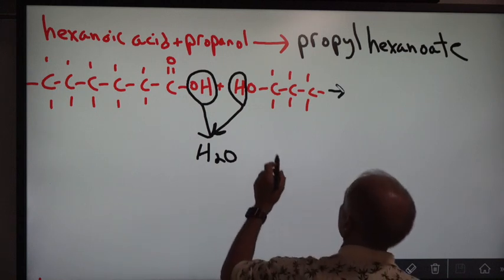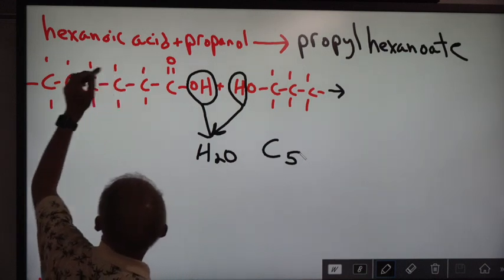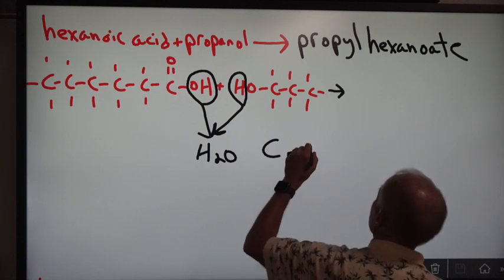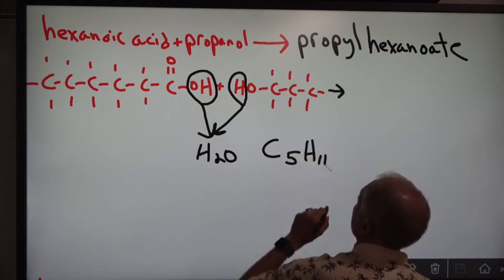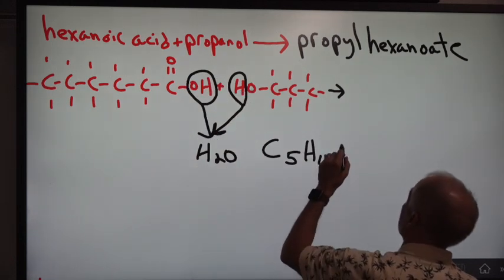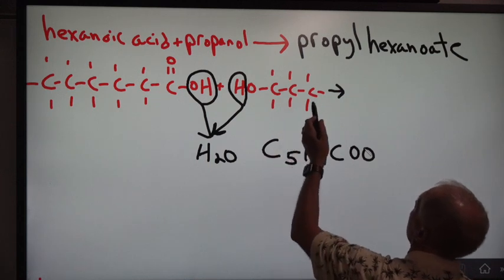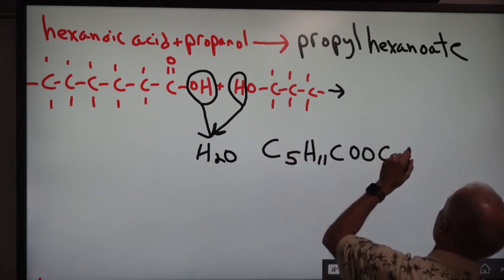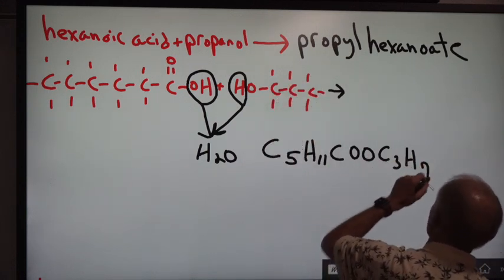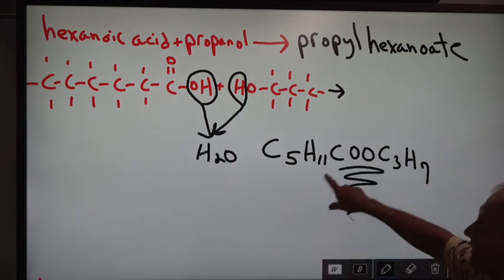So I can say this, C5, count the hydrogens, 1, 2, 3, 4, 5, 6, 7, 8, 9, 10, 11, C5H11, COO, and then C3, H 1, 2, 3, 4, 5, 6, 7. And there's your COOC. All right. Now, that's your molecular formula.